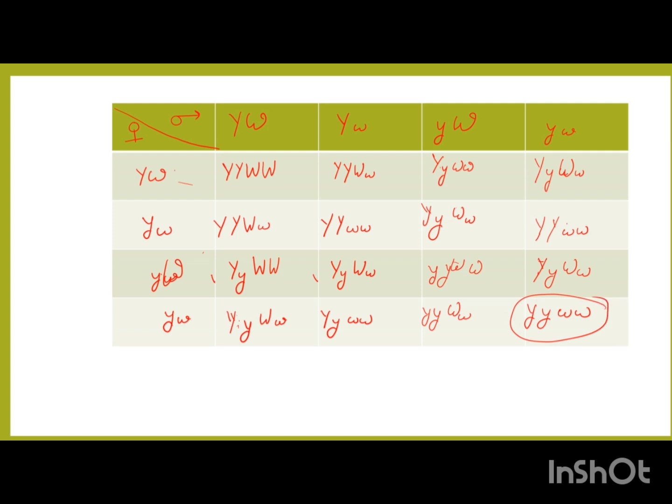This one is the fully recessive one and this one is the fully dominant one. So if we talk about the phenotypes, then the ratio will be 9:3:1. But if we talk about the genotypes, this is 1 and the last one is also 1.